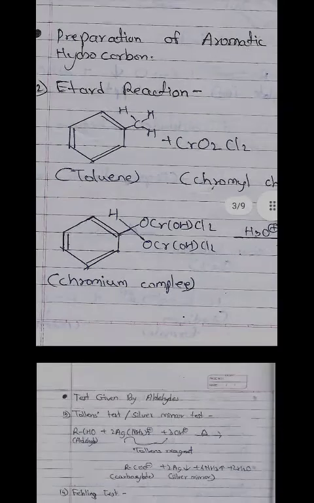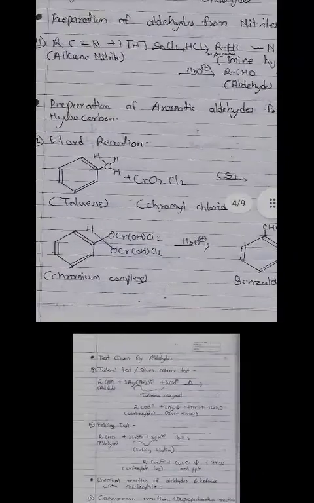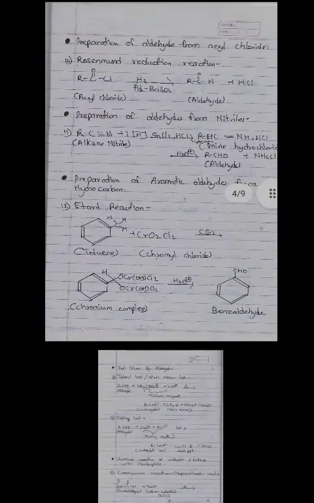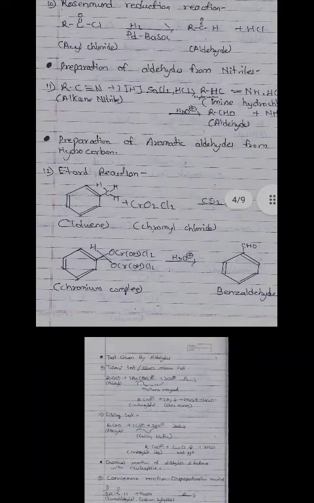In the Etard reaction, chromyl chloride is used, meaning CrO2Cl2, and it gives a chromium complex as product, and by adding hydronium ion to it we get benzaldehyde.